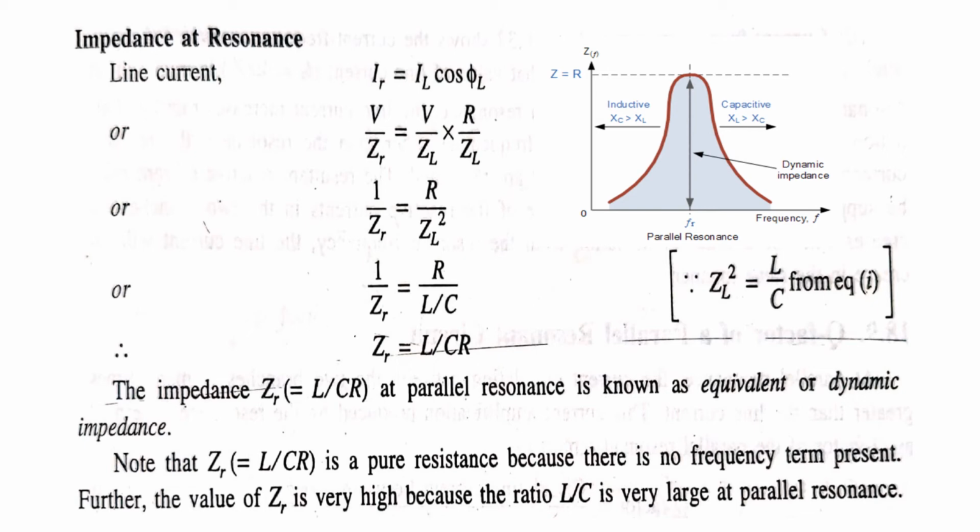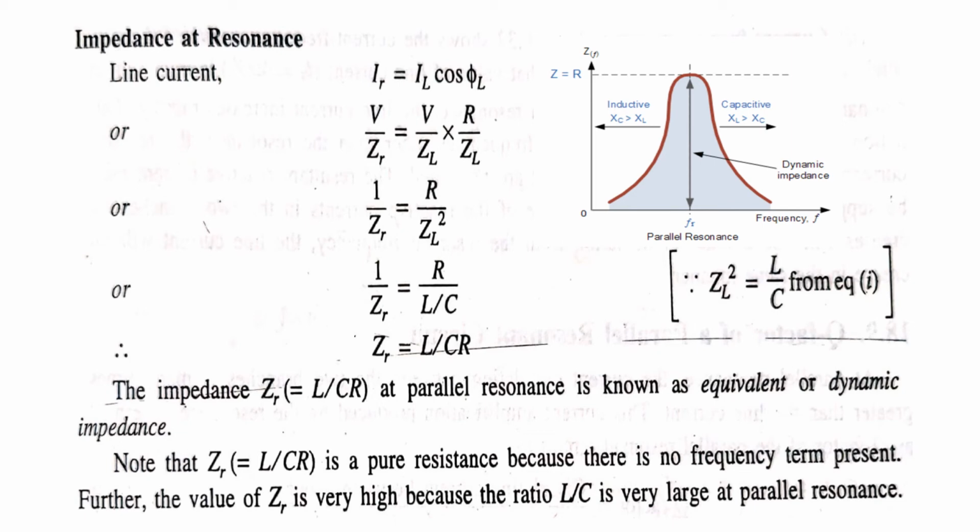So in this diagram below, we see the variation of impedance with frequency. At resonance frequency, the impedance is very high, Z equal to R. Below this resonance frequency, the circuit is inductive because XC is greater than XL.